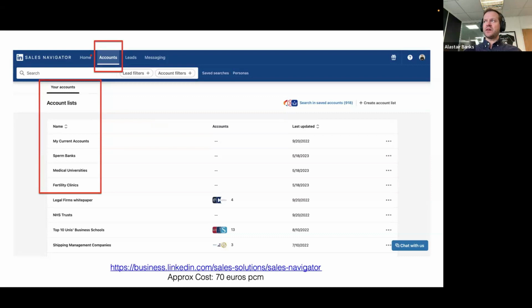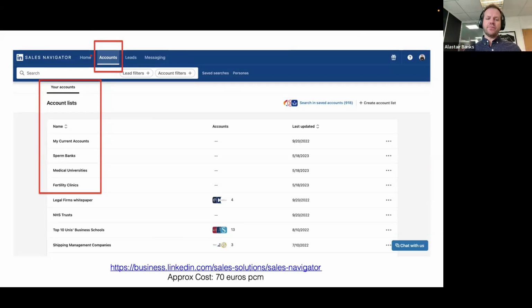So if you think about a very large company in your sector, you'd find them on LinkedIn or Sales Navigator and put them into your accounts list, but then you might want multiple people at that company in your leads list. It might be someone who works in R&D, a director, a C-suite, CEO, CCO, whoever those people are.